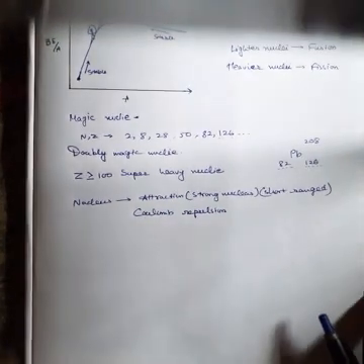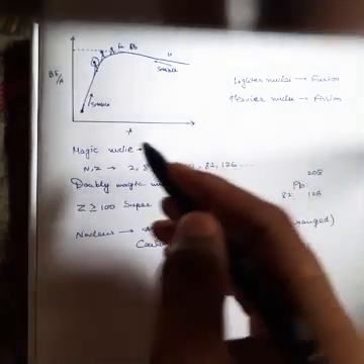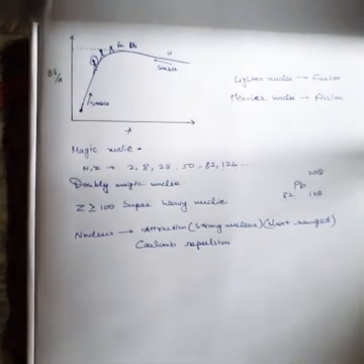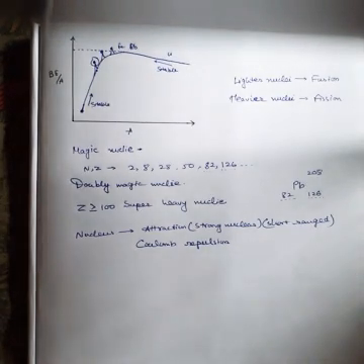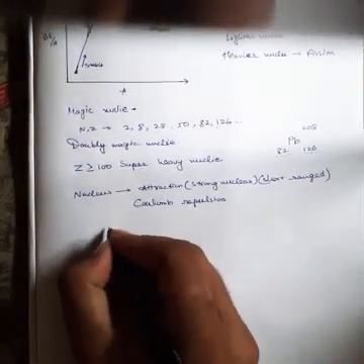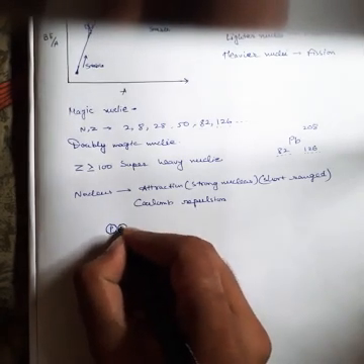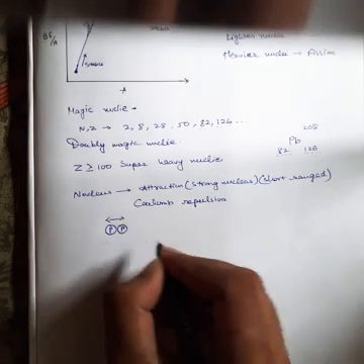So, in this graph, when the nuclei number is smaller, the neutron to proton ratio is close to 1, like in carbon. So for one neutron, you have one proton. What happens is, if protons are close enough, they will be repelled.